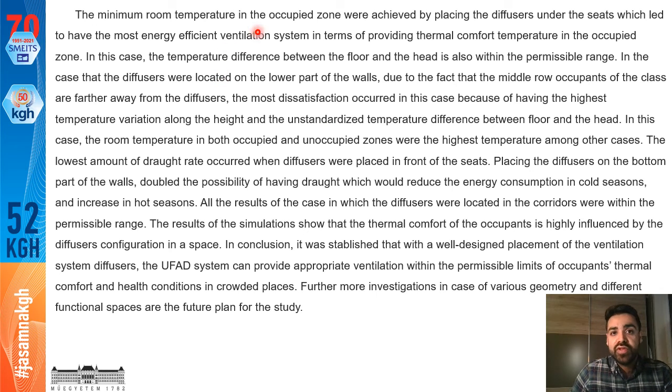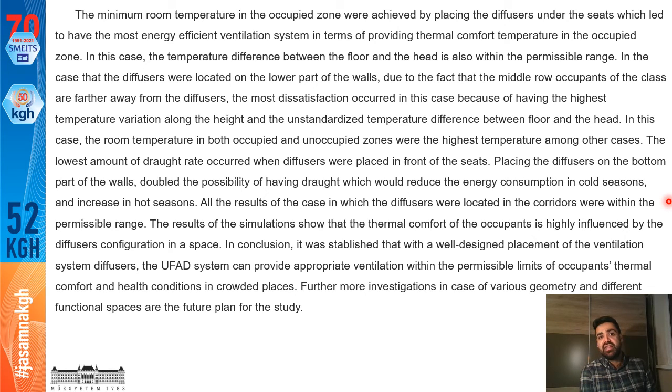The minimum room temperature in the occupied zone was achieved by placing the diffuser under the seat, which led to the most energy efficient ventilation system in terms of providing thermal comfort temperature in the occupied zone. In this case, the temperature difference between the floor and the head is also within the permissible range.